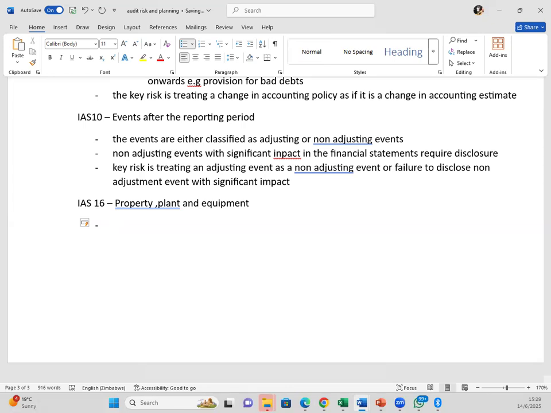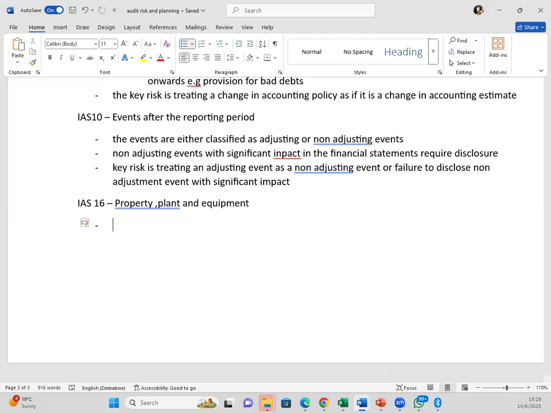Under IAS 16, remember initially the assets are supposed to be recorded at cost. That is what the standard requires. So if they mention that we acquired assets, watch out. How did they record this asset? Did they initially record it at cost or not?